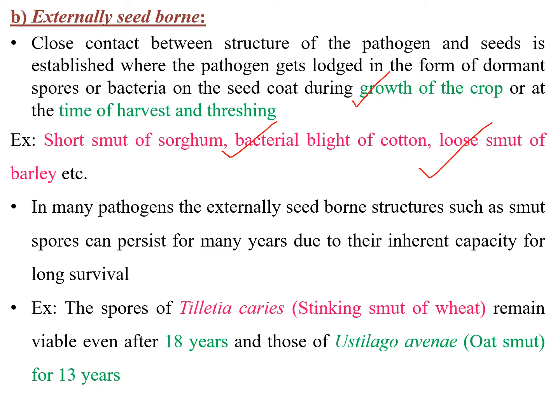Tilletia caries, which causes stinking smut of wheat, can be viable even after 18 years. Ustilago avenae, which causes wart smut, can survive up to 13 years. After 13 years also, under favorable conditions, this pathogen is capable of germinating and producing the disease.